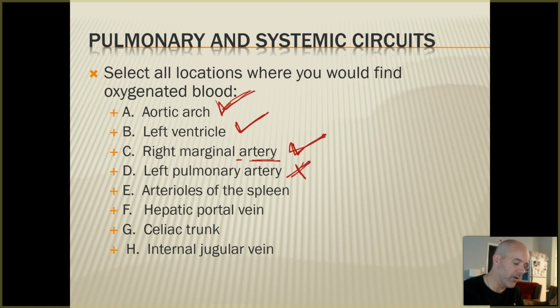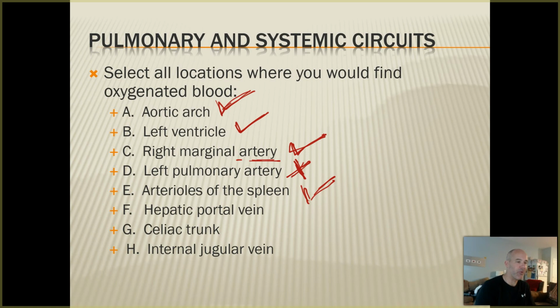Remember, your arteries in your pulmonary circuit have deoxygenated blood. Arteries carry blood away from the heart. Your pulmonary arteries are carrying the deoxygenated blood away from the heart toward the lungs so that it can be reoxygenated. Arterioles of the spleen. Yes, any artery or arteriole in the systemic circuit is going to have oxygenated blood.